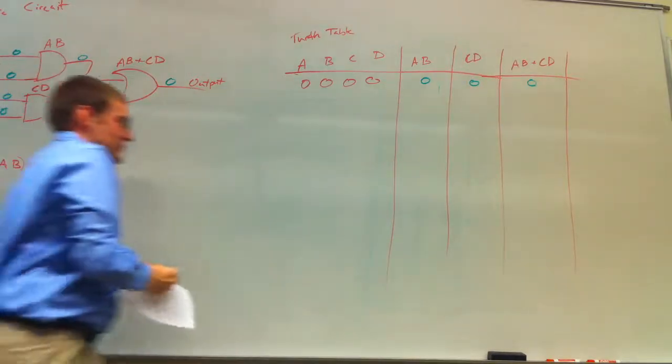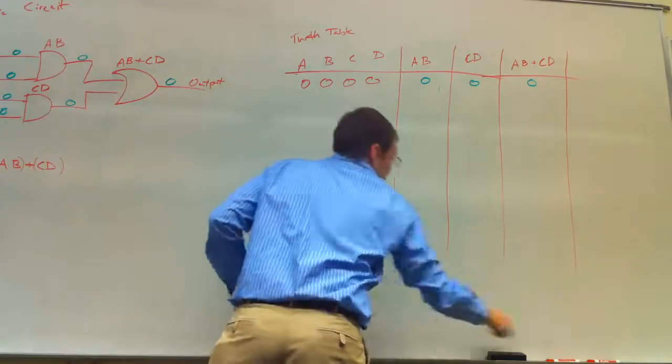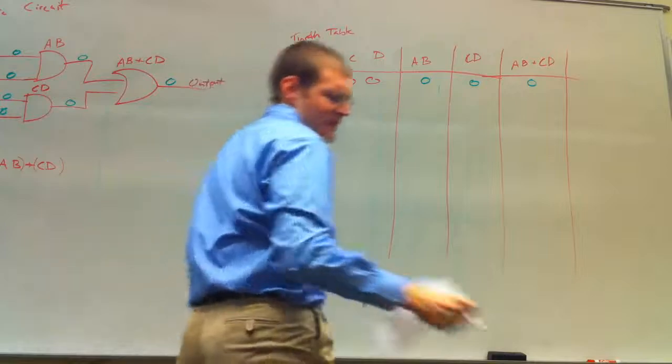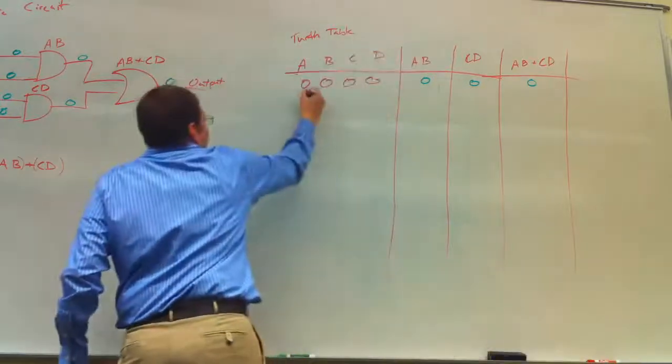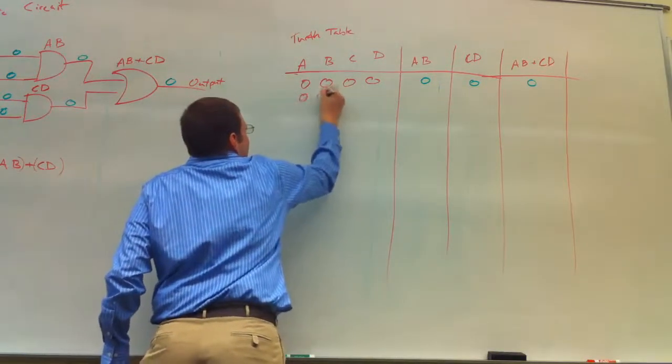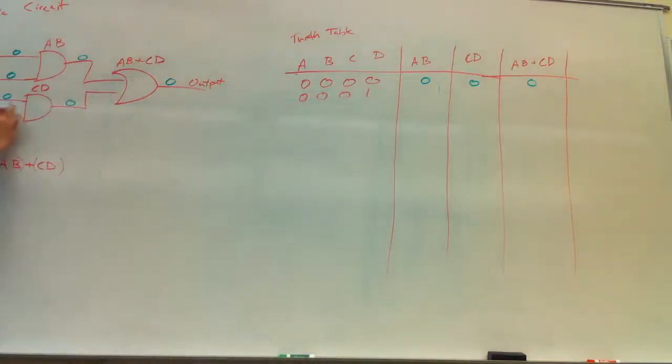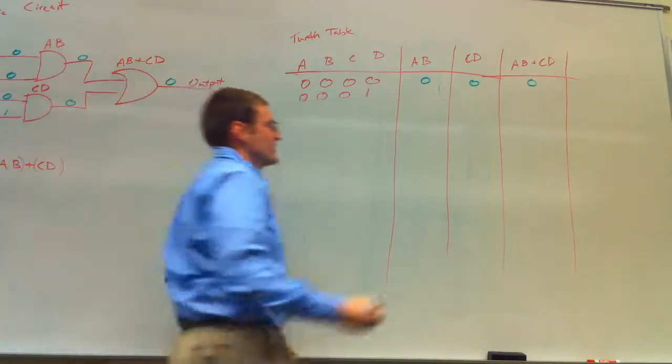So let's do the next one. Now D is 1. This didn't change, so let's stay the same. 1 ANDed with 0 is still 0, so our output is still 0.